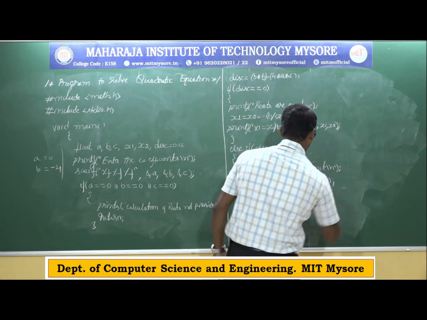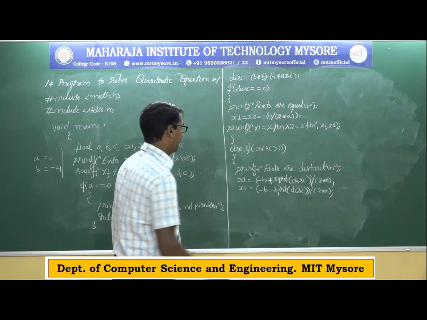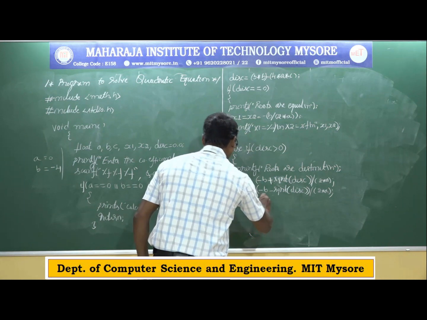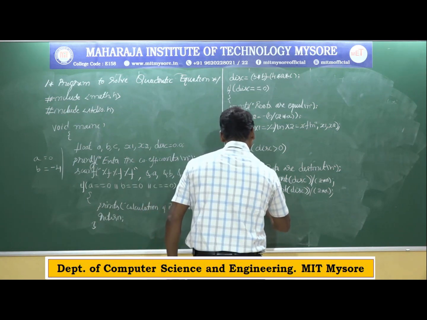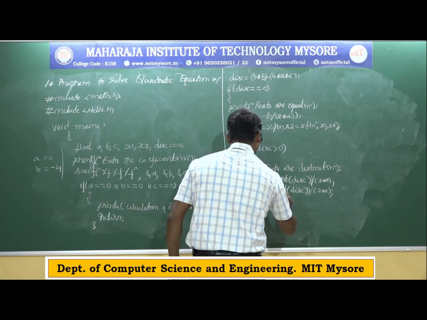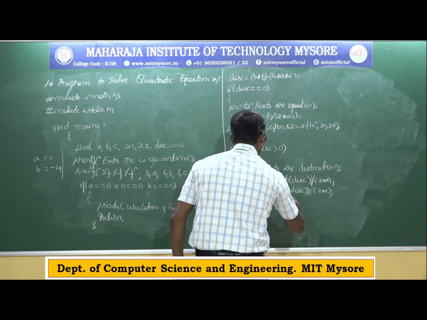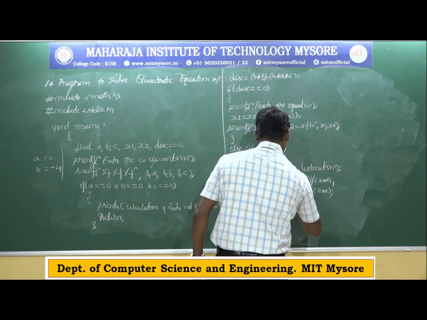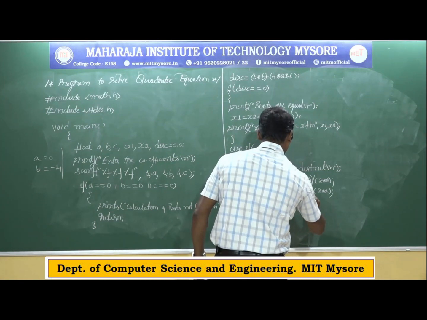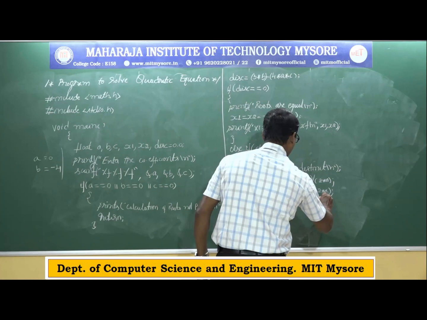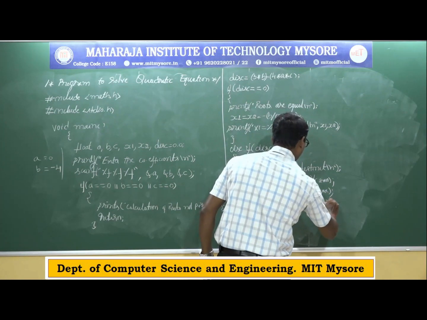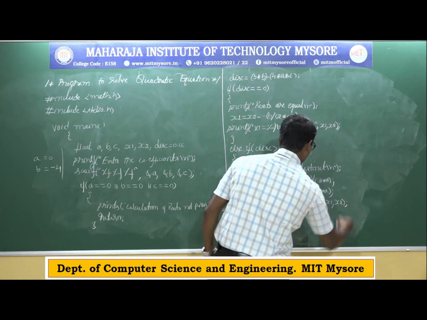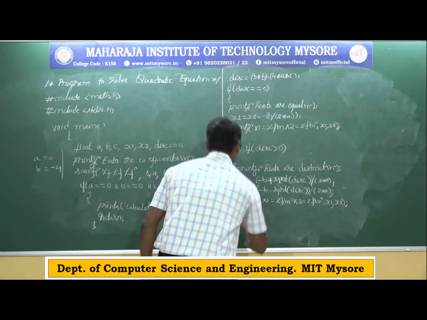Next, I will print the values. Printf x1 is equal to percentage f slash n, x2 is equal to percentage f slash n, x1 comma x2.